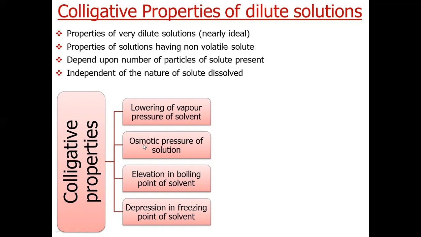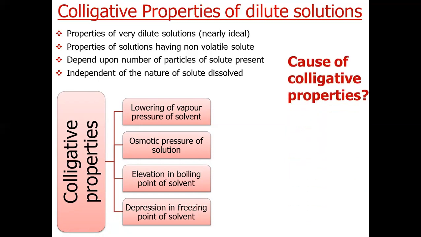Second is osmotic pressure of solution. Third is elevation in boiling point of solvent. Fourth is depression in freezing point of solvent. In all these properties, we have considered that the solution has been prepared by dissolving a non-volatile solute in the solvent. And the second condition is the solution is very dilute.